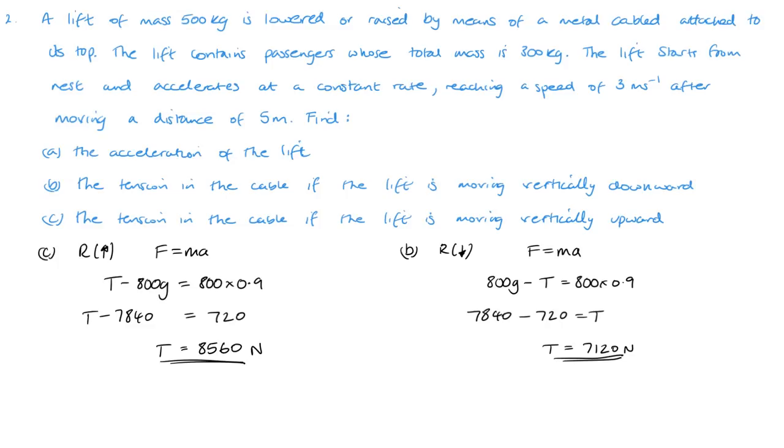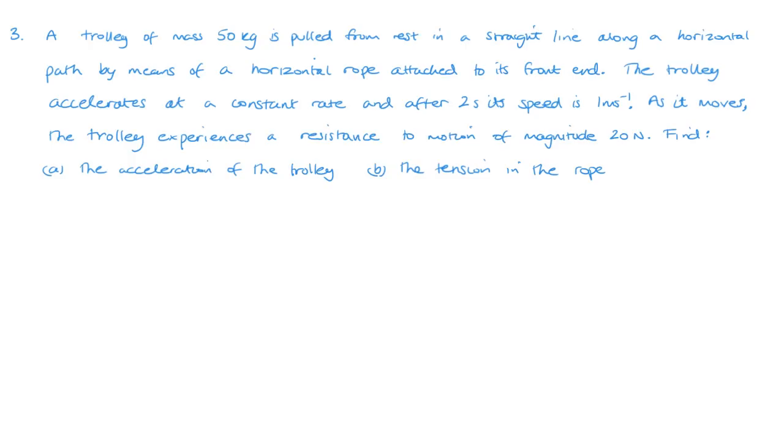Let's look at number 3. We've got a trolley of mass 50 kilograms pulled from rest along a horizontal path by means of a horizontal rope attached to its front end. It accelerates at a constant rate, and after 2 seconds its speed is 1. As it moves, it experiences a resistance to motion of 20 newtons.